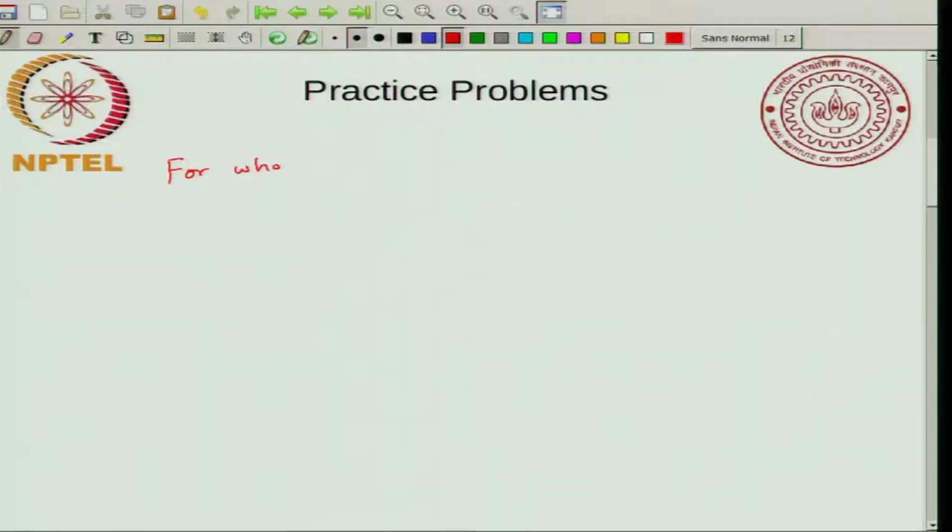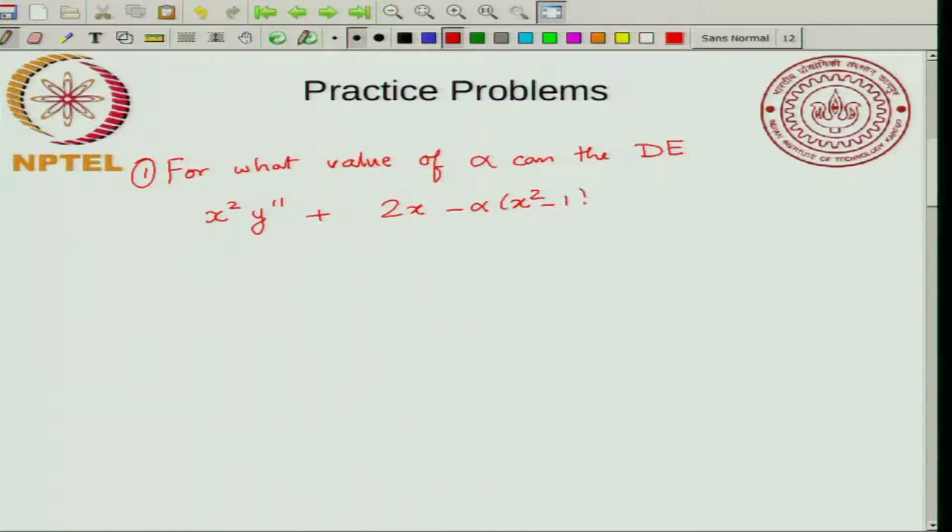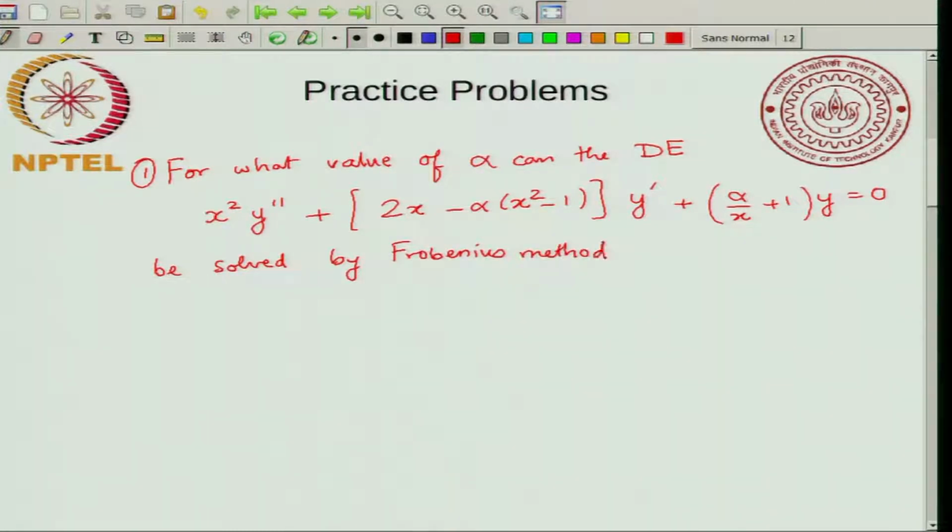For what value of alpha can the differential equation x square y double prime plus (2x minus alpha x square minus 1) y prime plus (alpha by x plus 1) y equal to 0 be solved by the Frobenius method about x equal to 0?